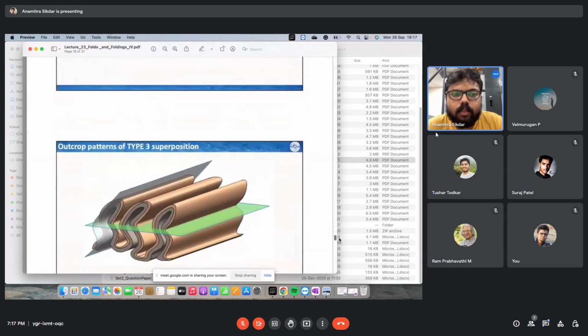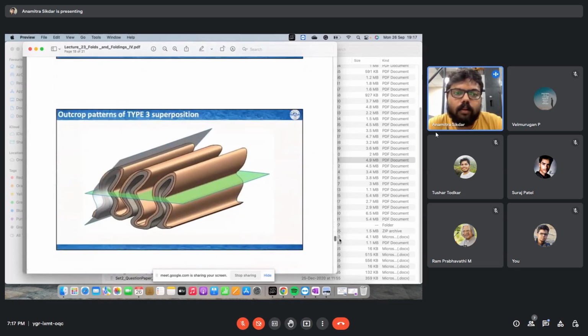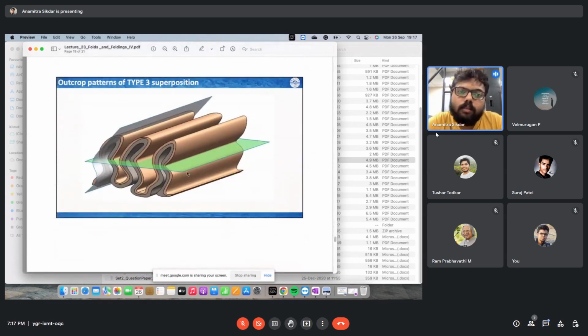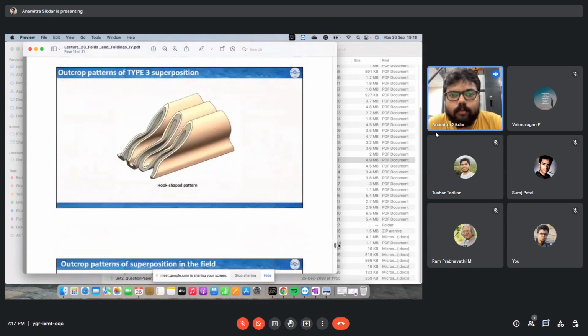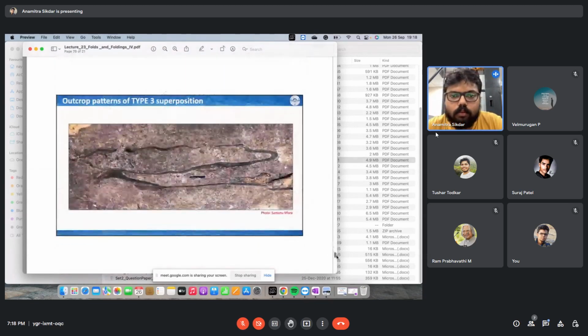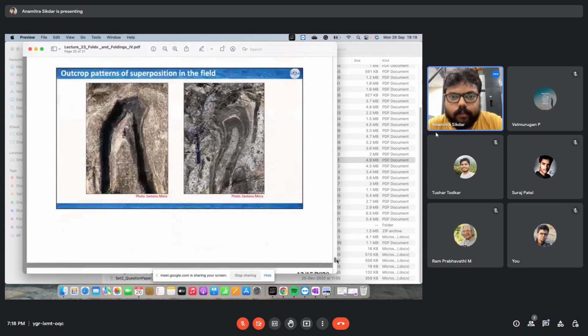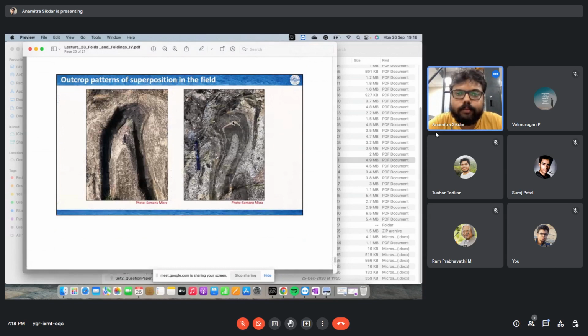And this is type 3 superposition, where you get this kind of fold that is cylindrical but non-plane. So this is how you will see it in the field. I'll show you some field photographs, then you will understand more, like this one, maybe this one also.